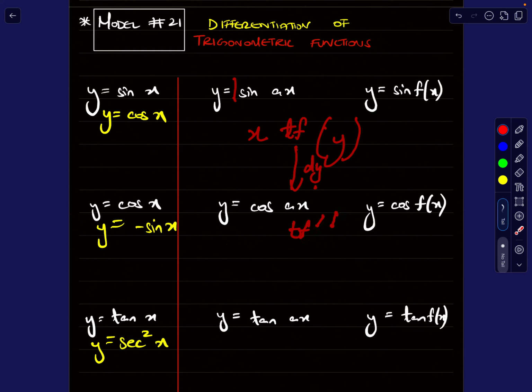The thing inside the bracket remains as it is, and we multiply this whole thing by the differential of what's inside the brackets, which in this case is y prime.